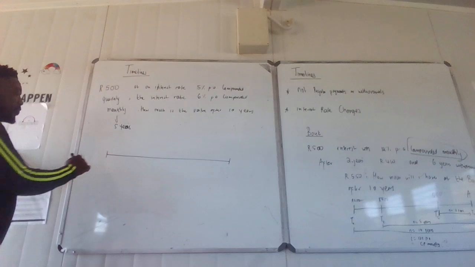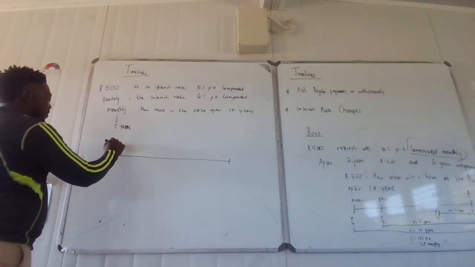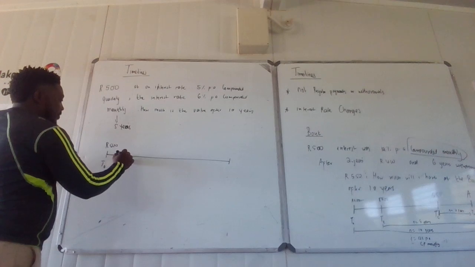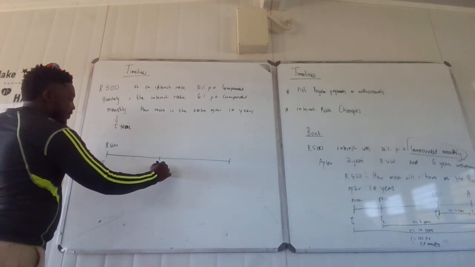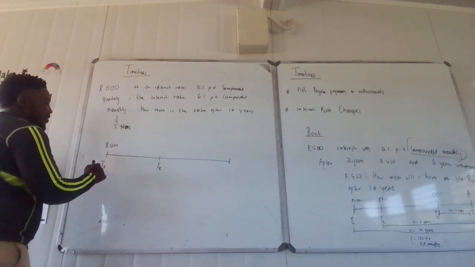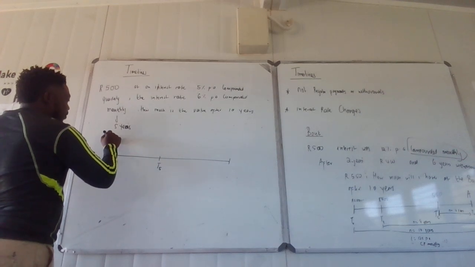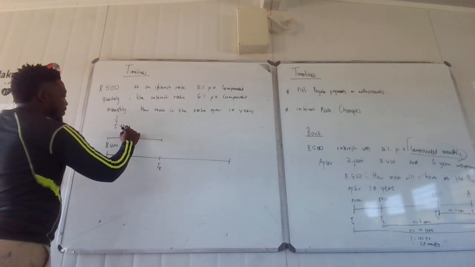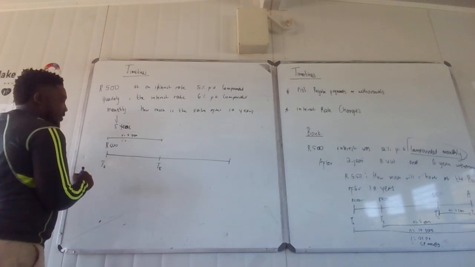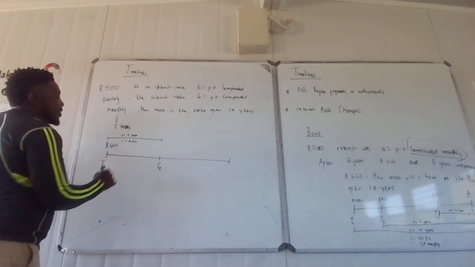I'm putting it T0 now. I'm putting in 500 rand, and then after T5, the interest rate changes. So this is the interest rate from here to here. Number of years is 5. The interest rate is 0.05.